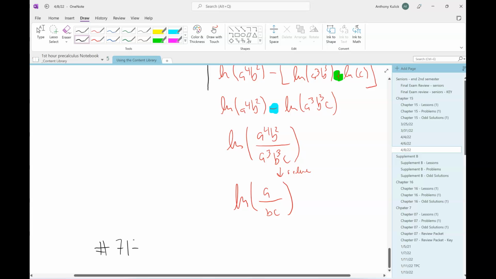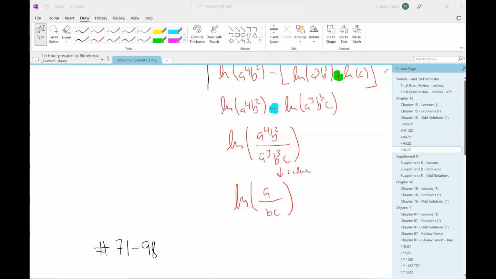And we should be able to do up to 98 then. Yes, of course. And up to 36, correct. Yeah, up to 36 will be due this weekend. All this other stuff will be due next weekend.